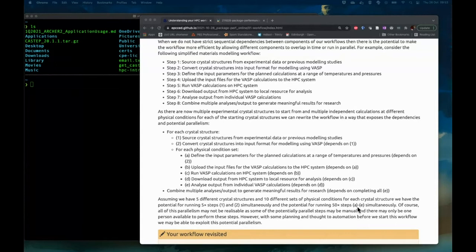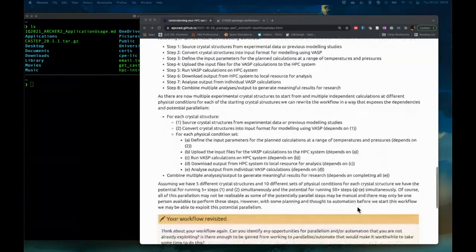Now, of course, we can't always realize all this parallelism, because some of the potentially parallel steps may be manual, and there's often only one of you as a researcher, unless you work in a very big team. Typically, if you're working on a research project or a PhD thesis, you're working on your own, and you're not very parallelizable. But with some planning and thought about automation before you start, you may be able to exploit this parallelism and actually improve the efficiency of the workflow.